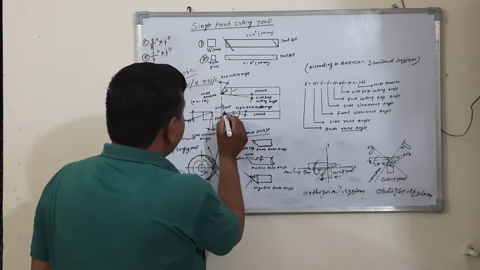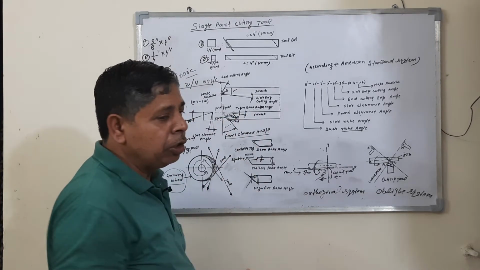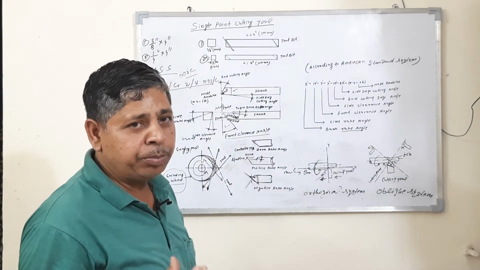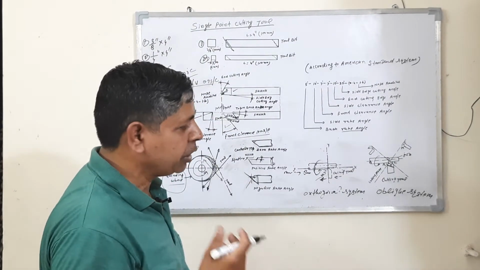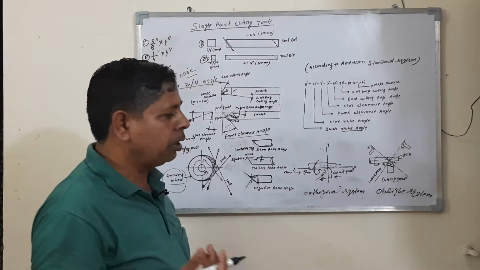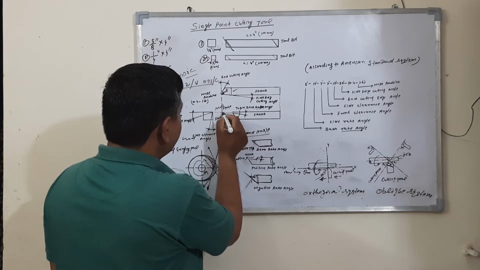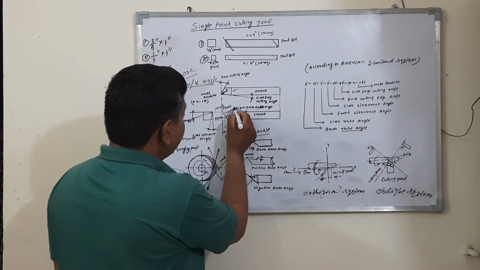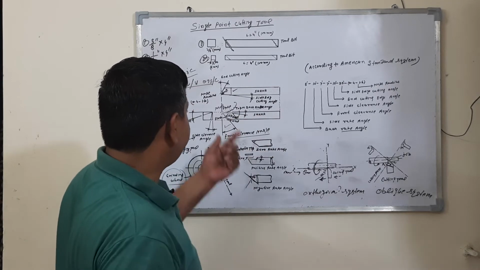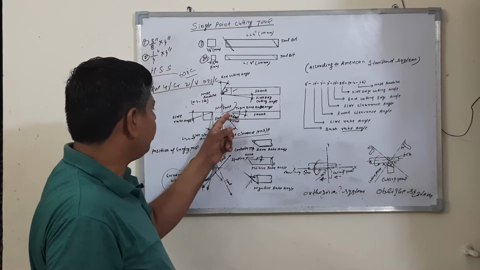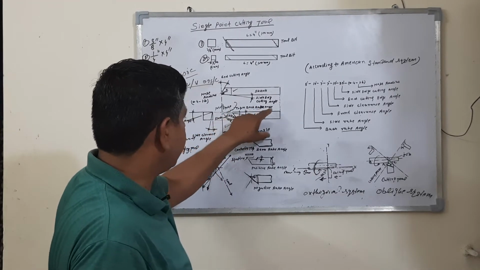On this plane, the main function of this angle is to form the different types of chips: continuous chips, breaking chips, discontinuous or segmental chips, and built up edge chips. These chips move freely on the surface of the tool bit. The main function of the rake angle is to form the different types of chips.